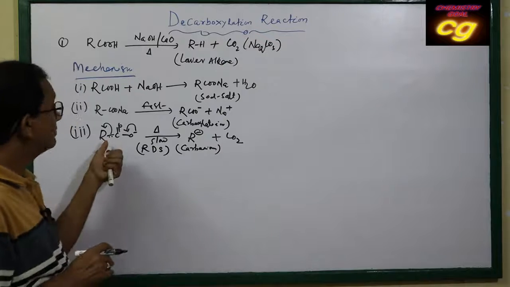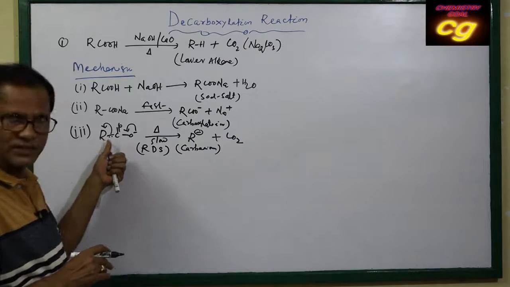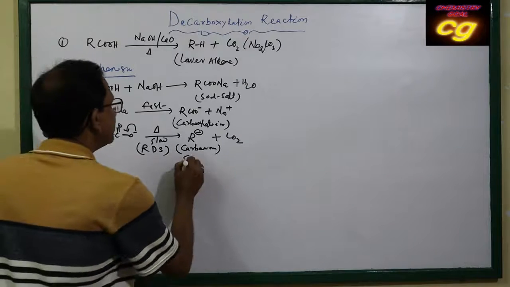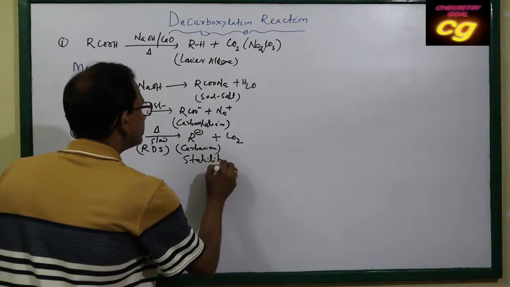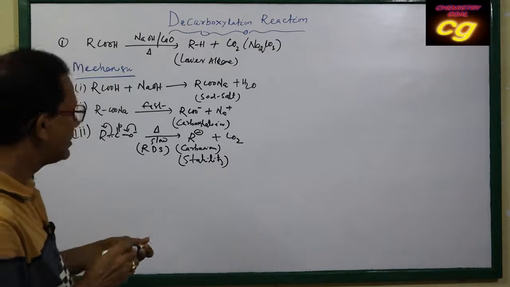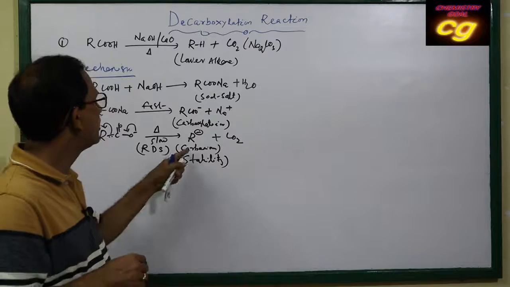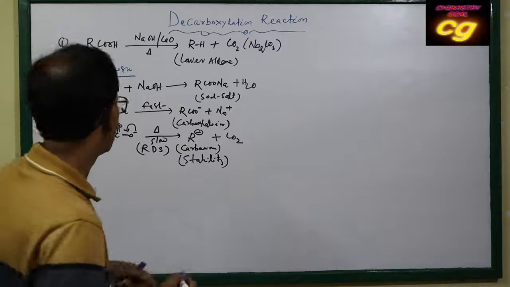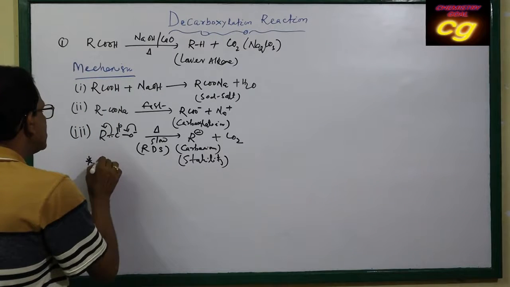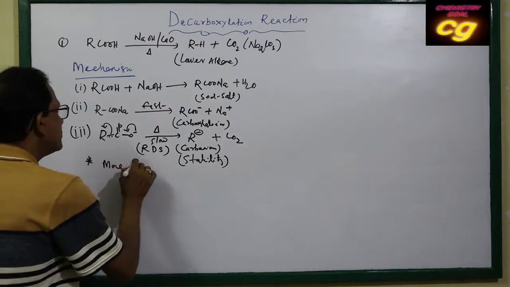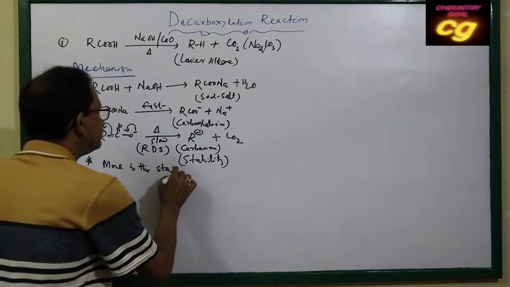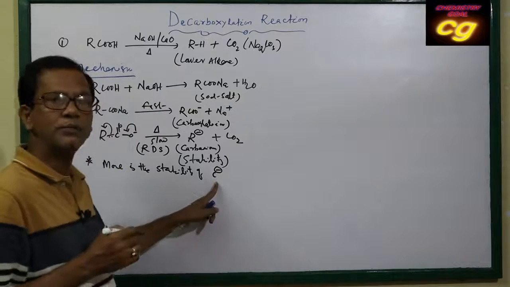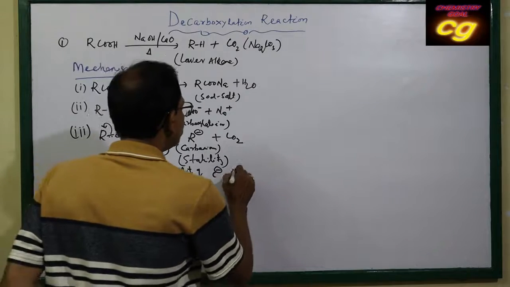So the decarboxylation of acid depends upon this third step, that is, it depends upon the stability of the carbanion. If the R minus carbanion is more stable, then the rate of decarboxylation is faster.